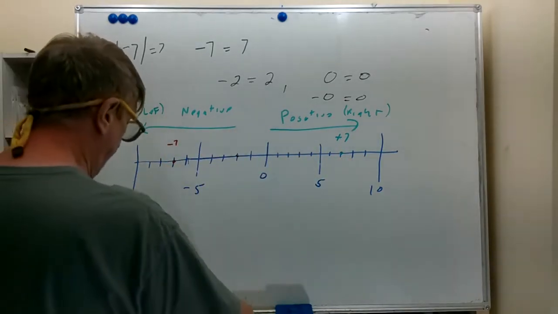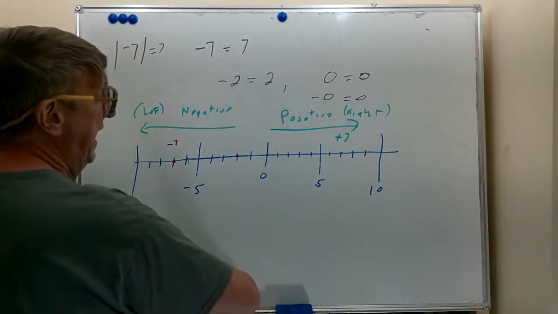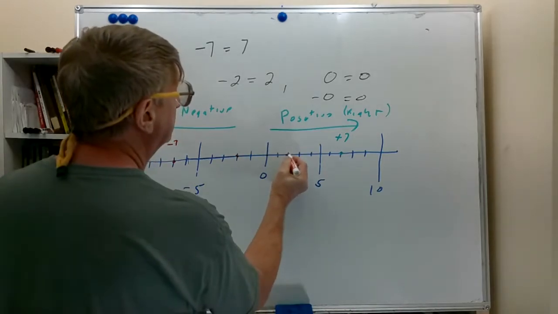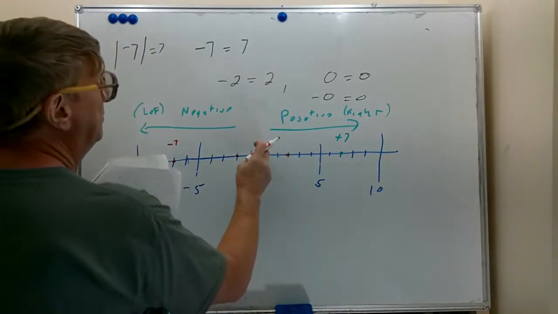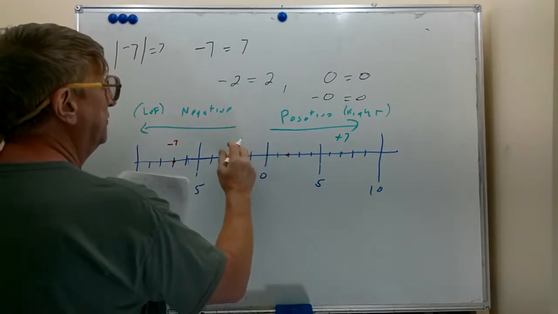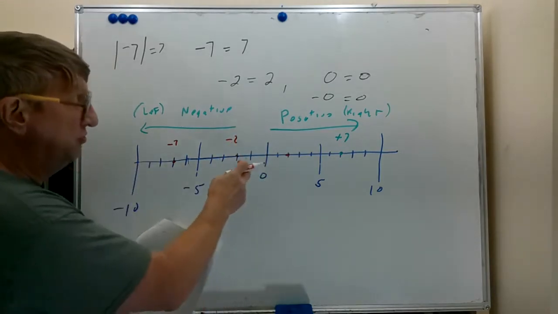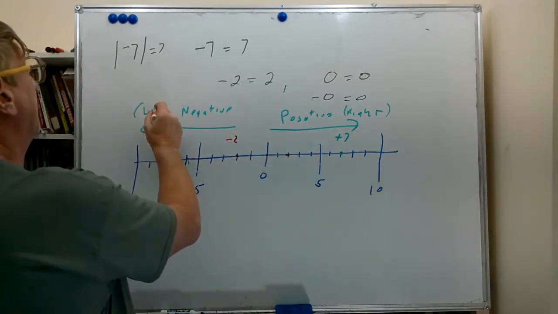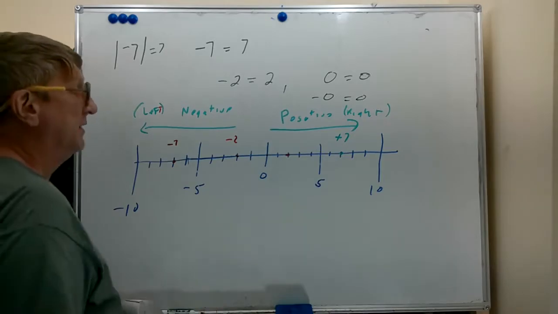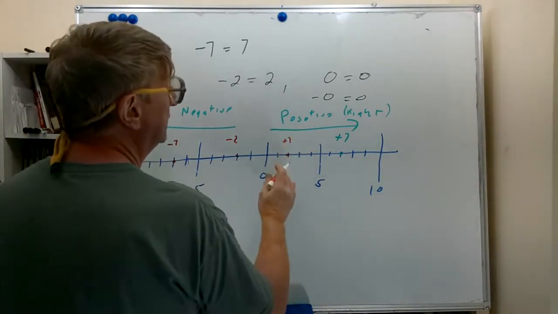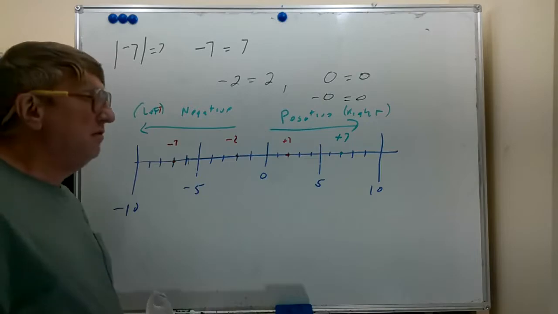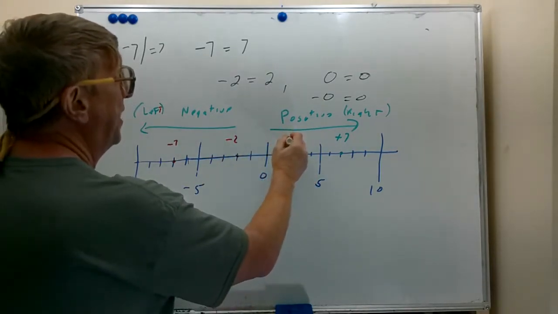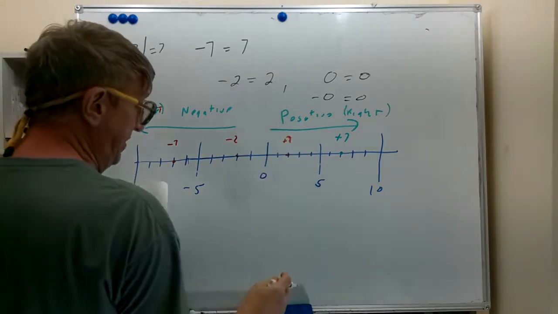We'll do the -2 here also. We'll put the absolute value of -2 right here. Well, -2 is 2 units of distance, but the negative indicates it's to the left on the number line. The +2 is 2 units to the right, and the positive, of course, we don't have to write.